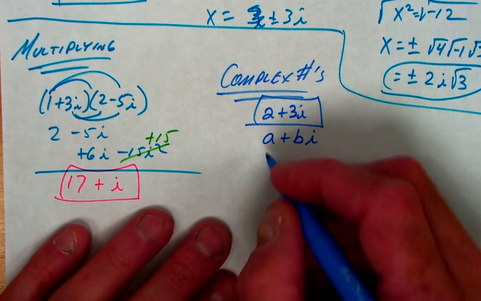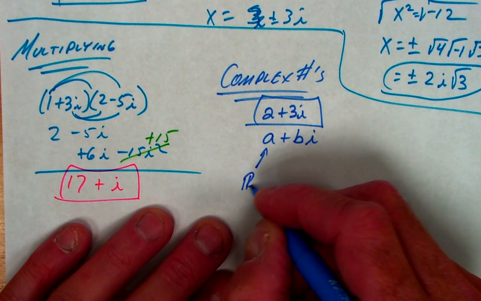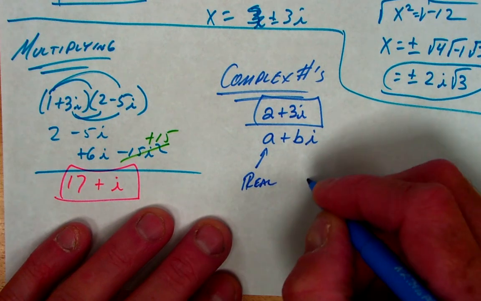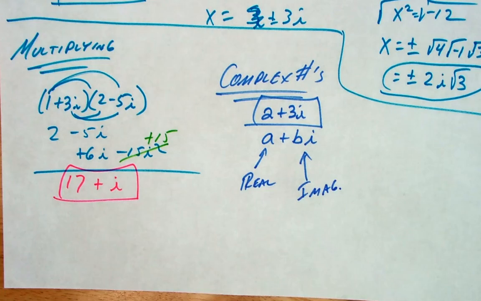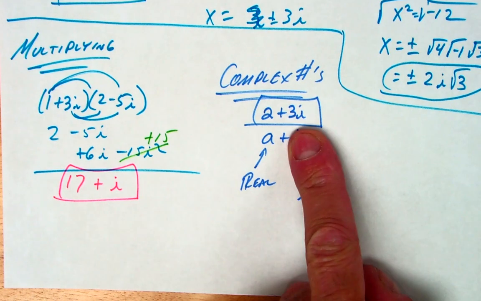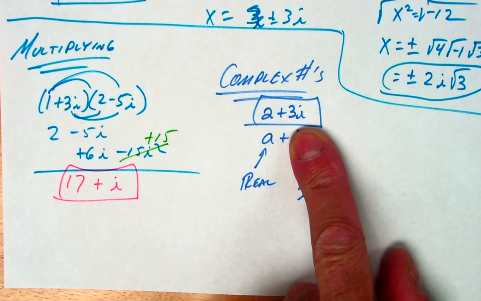We have a real part and we have an imaginary part. Now I'm going to blow your mind. Every single number you've worked with in your whole life is complex. Why? It's just the imaginary part was non-existent.